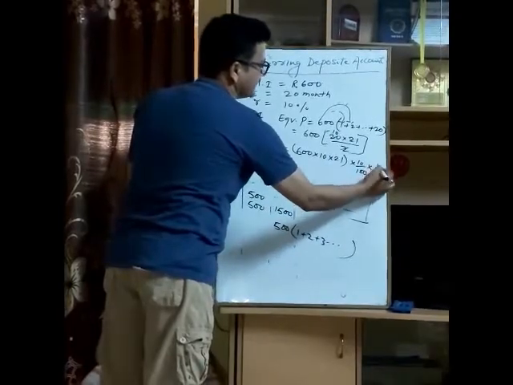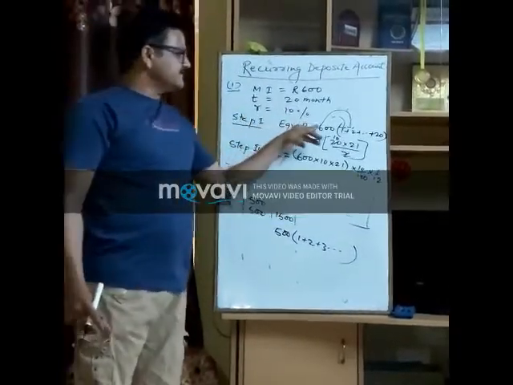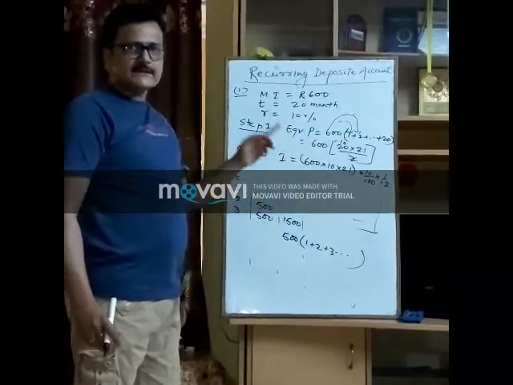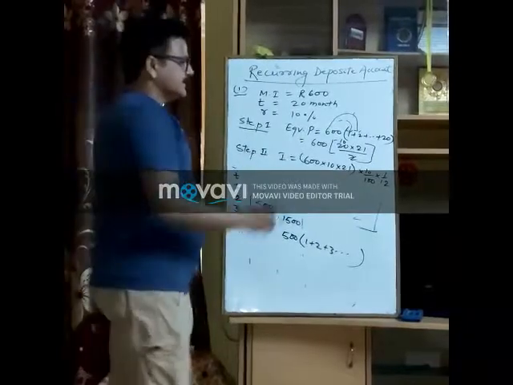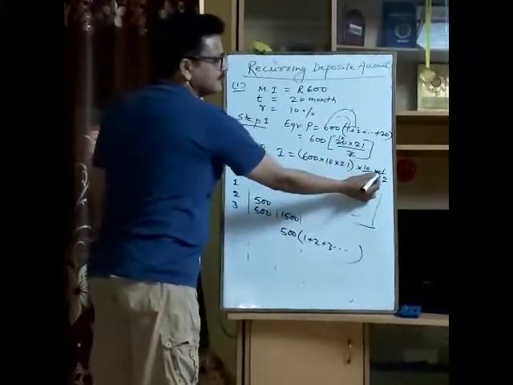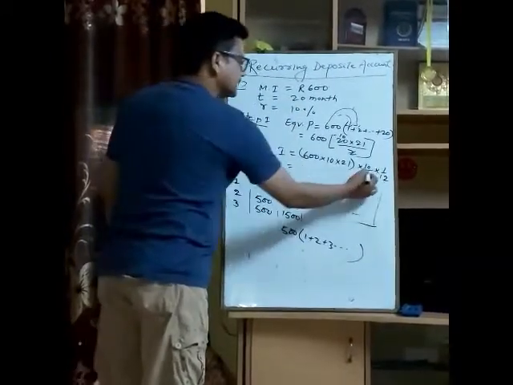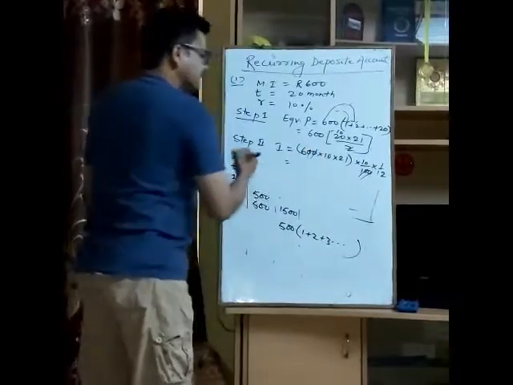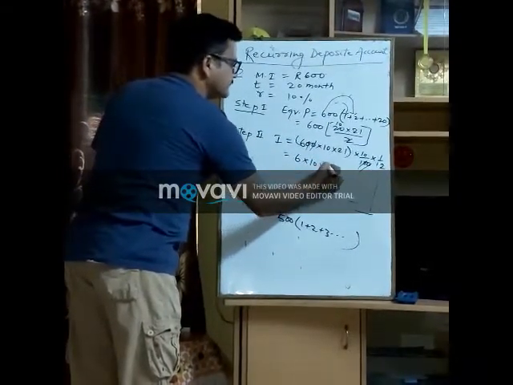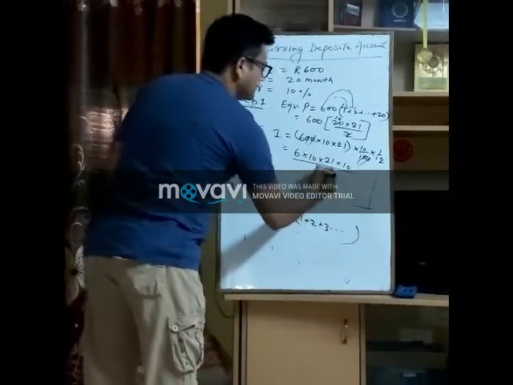And time we will take always 1 by 12 because interest is being given every month. So 1 month means it is 1 by 12 here. So in all the cases we will take the time 1 by 12. So interest becomes 6 into 10 into 21 into 10 again by 12.